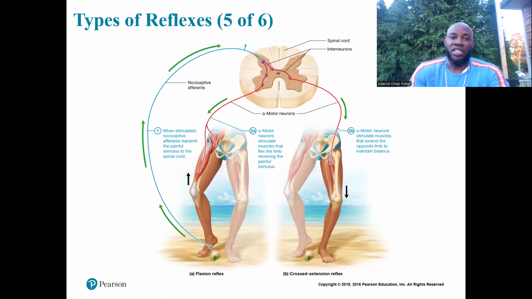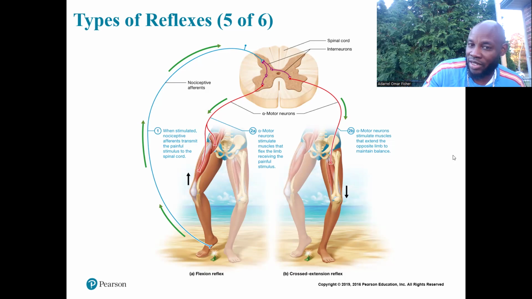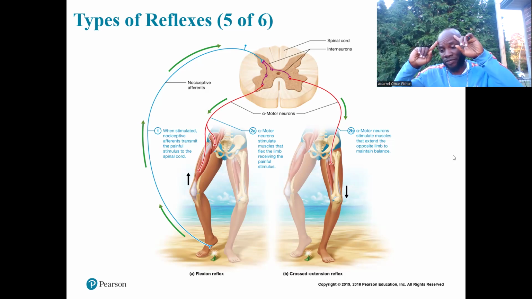You step on something. This is a good example of nociception, pain. If I am walking and I step on a sharp object, I quickly pick one foot up so that muscle is sort of relaxed. I take my weight off that one leg, but I put all of my weight onto my other leg without even thinking about it.